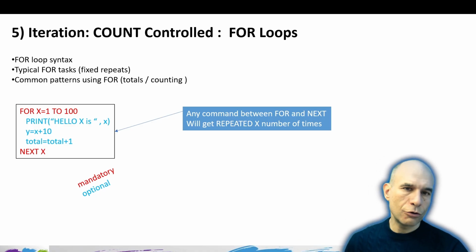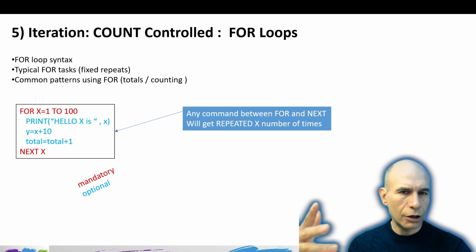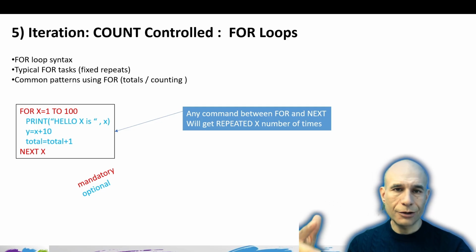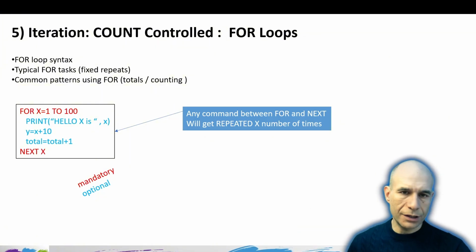Count control loops are good if you know exactly how many times you need to repeat something. There are multiple use cases, for example calculating totals and counts. Let's look at this example. For x equal to 1 to 100, it will print "hello x is", comma, x.